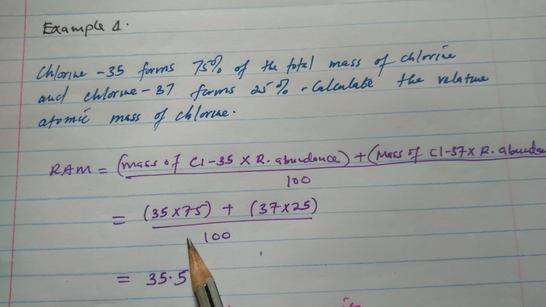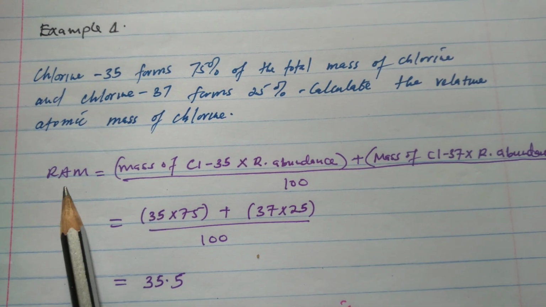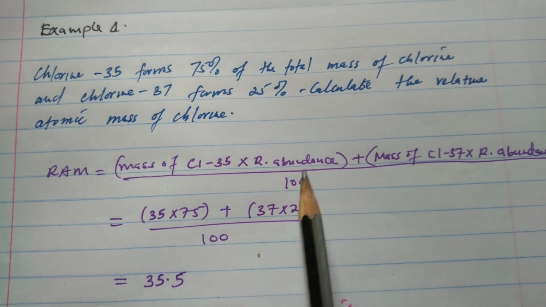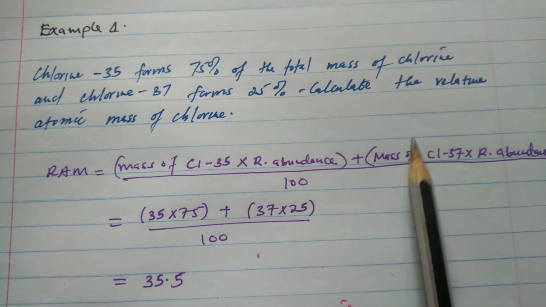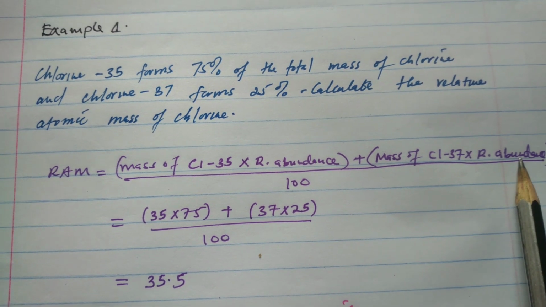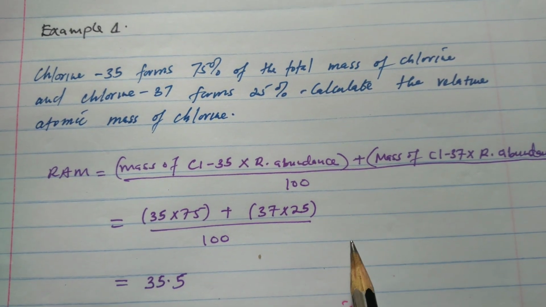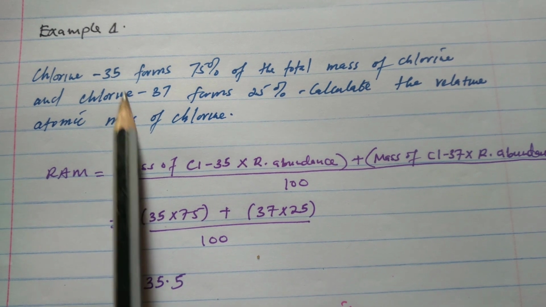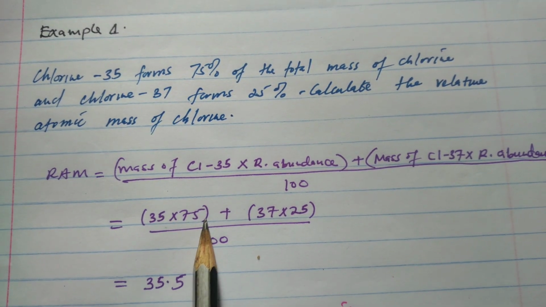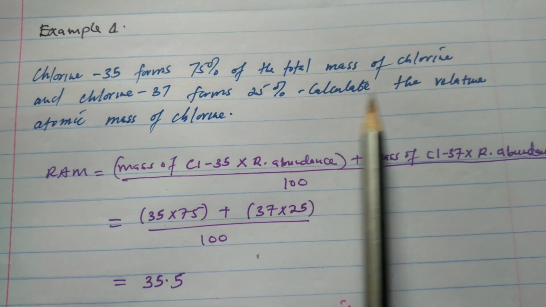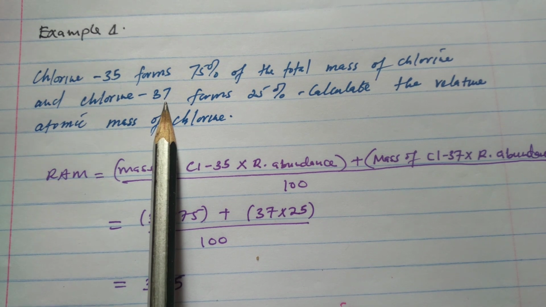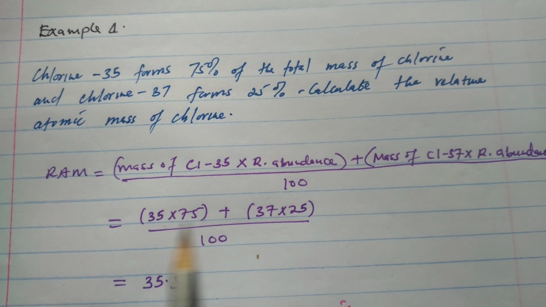So what we need to do is write the formula where RAM is equal to the mass of chlorine 35 times the relative abundance in brackets plus the mass of chlorine 37 times the relative abundance, over 100. So we'll take 35 times 75 in brackets plus 37, which is the second chlorine isotope, times the abundance, over 100.